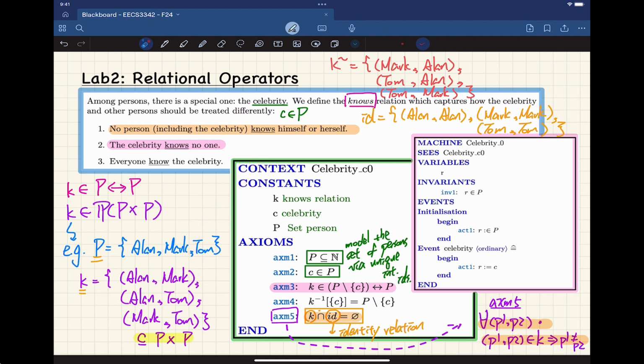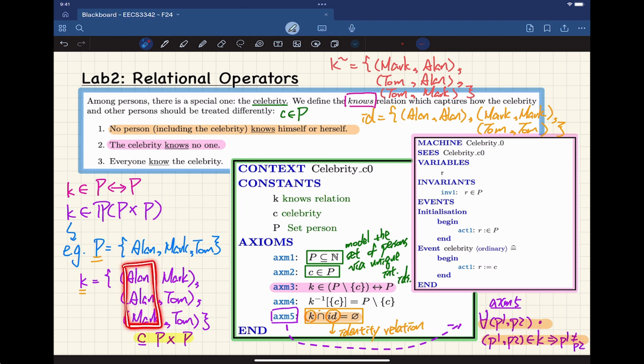Basically, you're saying this. The knows relation goes like this. The first element over here is always about Alan knows Mark, Alan knows Tom, Mark knows Tom. We never say anything like Tom knows somebody because of this requirement, because the celebrity knows no one. Or put it another way, the celebrity himself or herself should not appear in the domain.